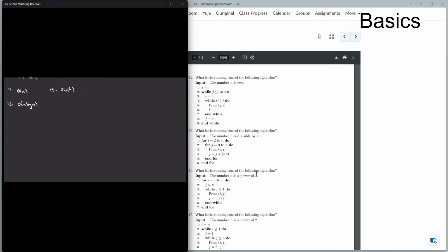And then 14. Run over this algorithm. 1 to n. While j is greater than 1, do this. That's O of n log n.